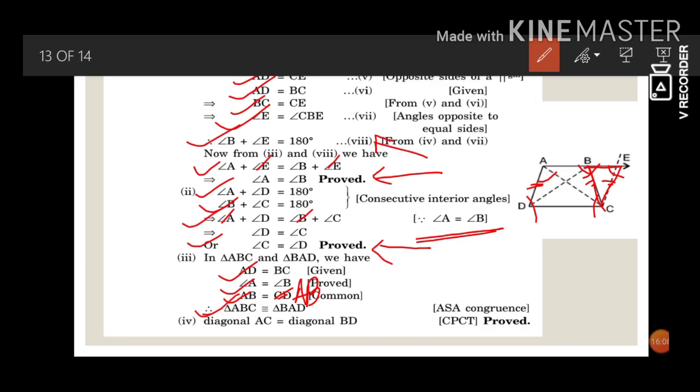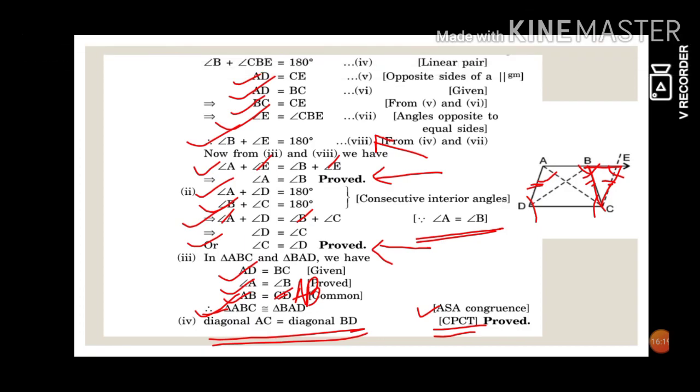So we can say that the triangles are congruent to each other by the angle side angle congruency rule. And hence with the argument of CPCT we can say the diagonals AC and BD are equal.